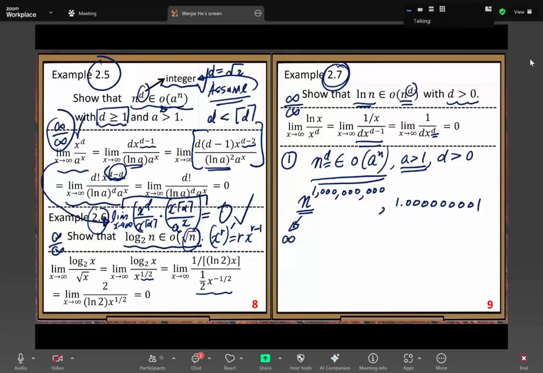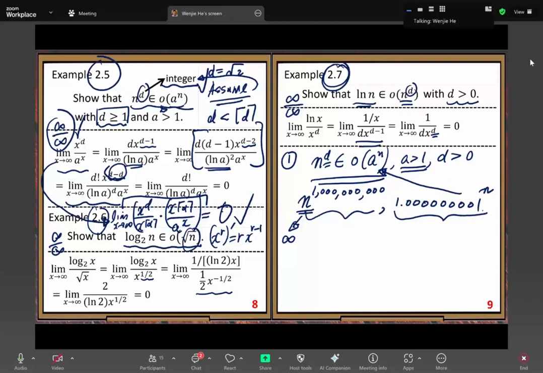Then we raise this number to the nth power, because we want to match this exponential function, A to the n. After I write out these two expressions, I ask you to compare these two functions.